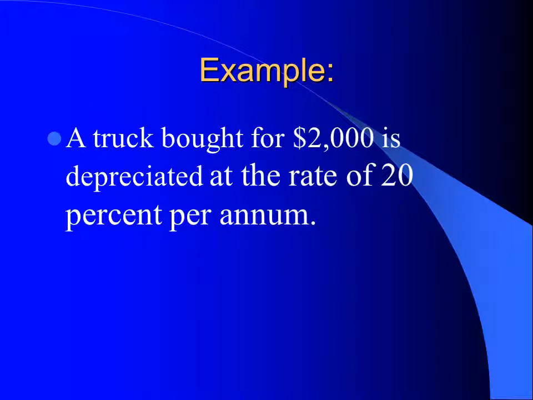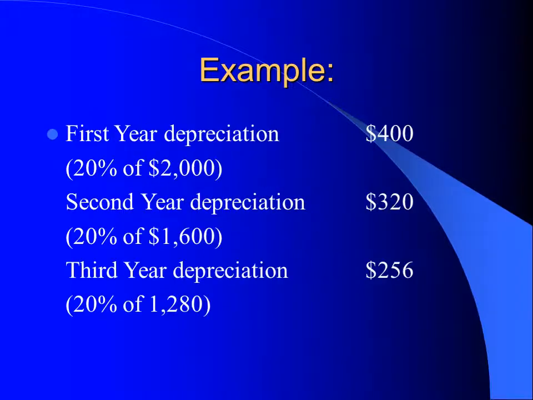Now this example gives you the cost of the asset at $2,000 and the rate for depreciating this asset is 20% per annum. And now you can see the first year depreciation is charged at 20% of $2,000, that is the cost of the asset, and the amount of depreciation is $400.